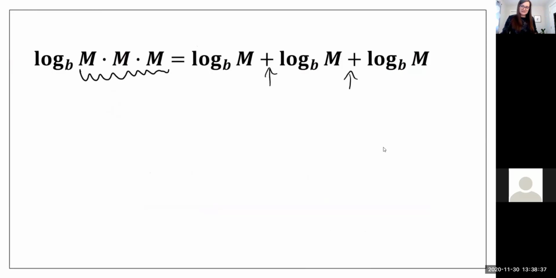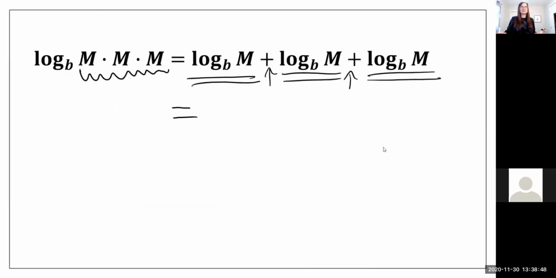So instead of saying I have log b of m plus log b of m plus log b of m, I know that's going to be that many of them. This is one of these plus one of these plus one of these. It's 3 of these because they're the same.